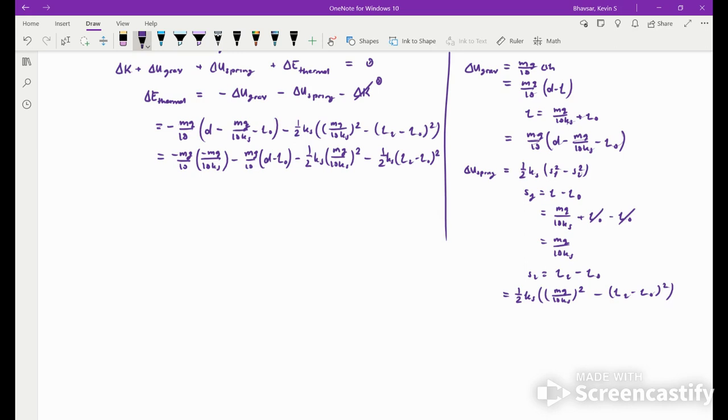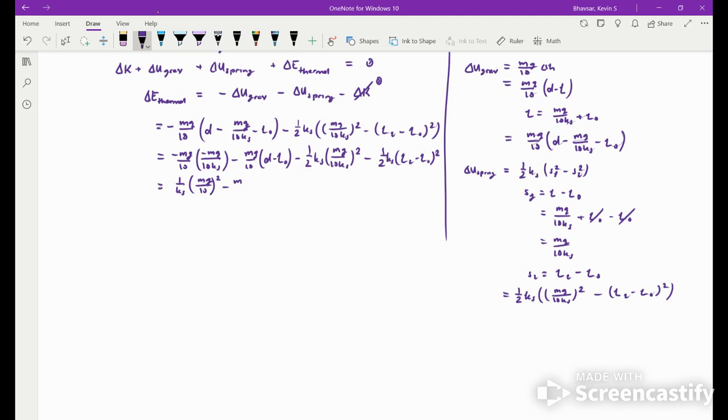We can combine and refine some of these terms. So this first term becomes 1 over ks times, since these terms are all repeated, mg over 10 squared.